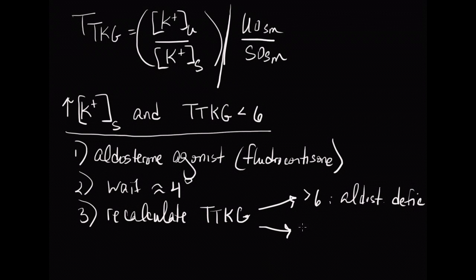If you get a value that's still less than 6, you have one of two conditions. Either you have aldosterone resistance, or you don't have a problem with aldosterone activity in the kidney at all. You have some other problem in the distal convoluted tubule that does not allow potassium to be secreted.